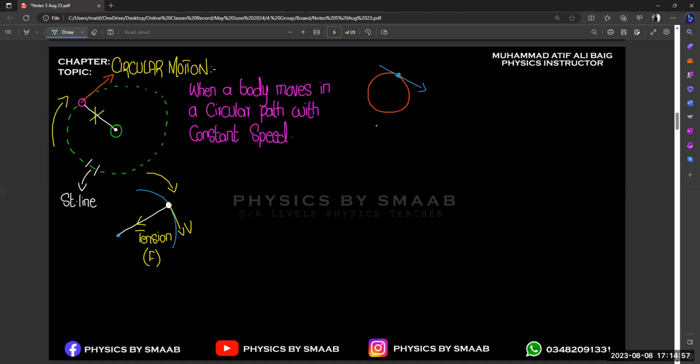So we can say that the direction of the body is always tangent to the circle.